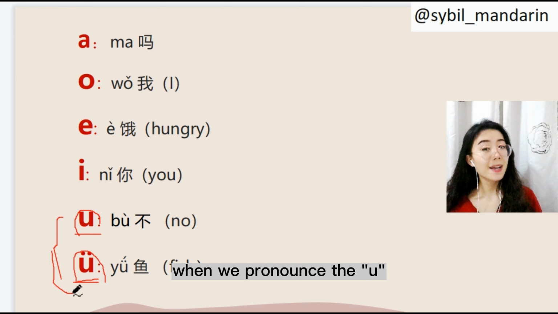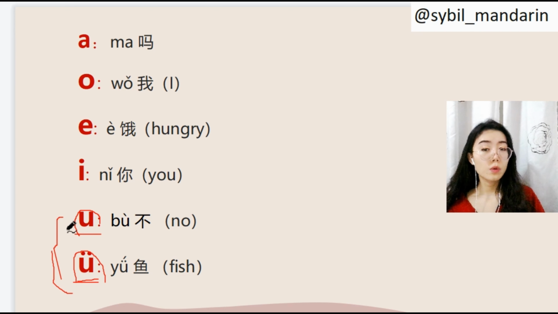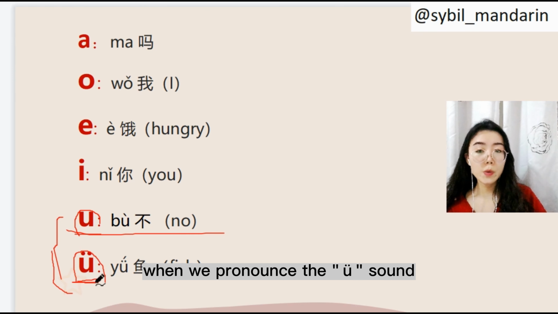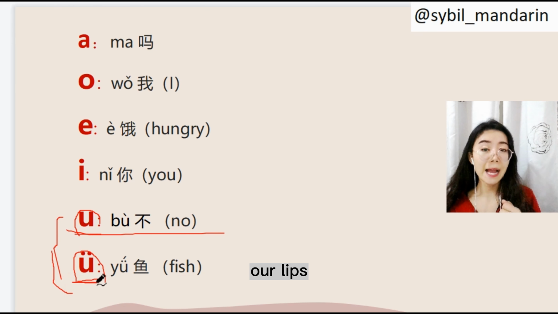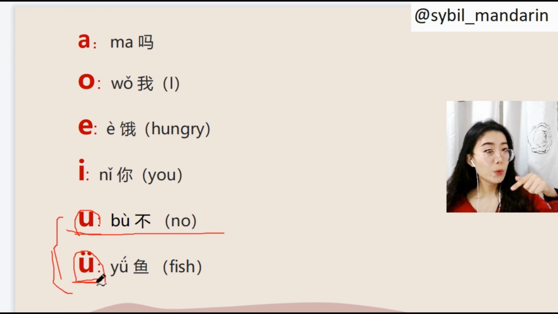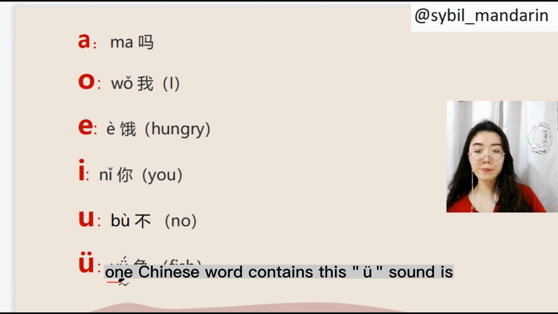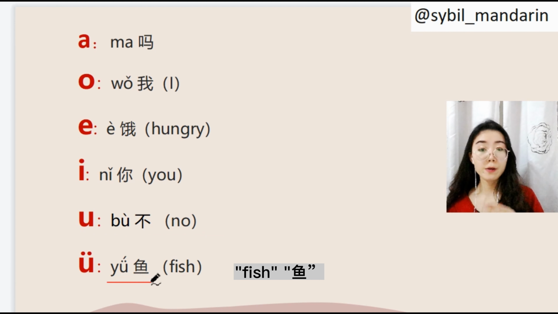You got it? When we pronounce u, our lips pull forward. When we pronounce ü, our lips press down. Got it? One Chinese word containing this ü sound is fish.